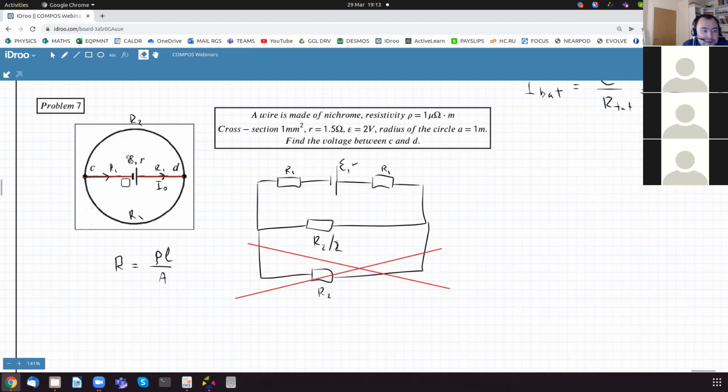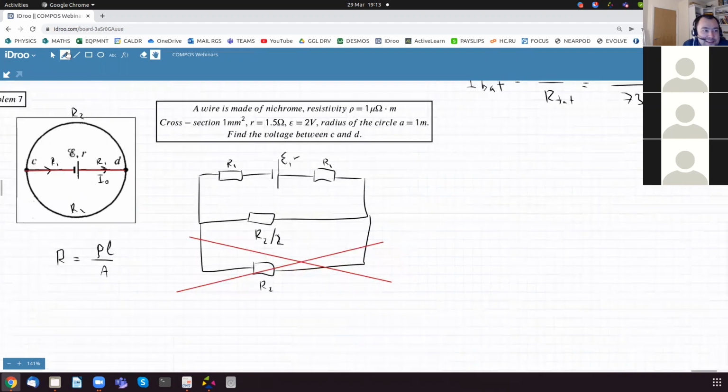We only need the current in a circuit. So we've reduced the circuit to this.